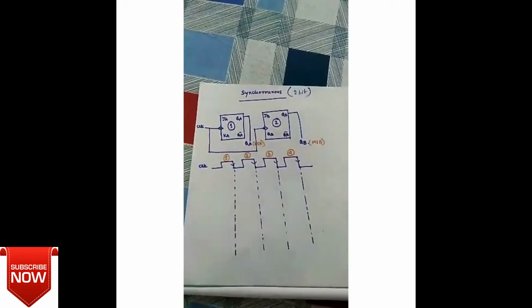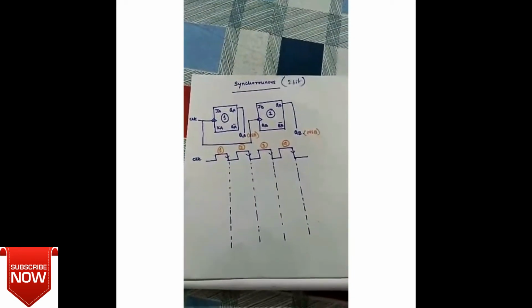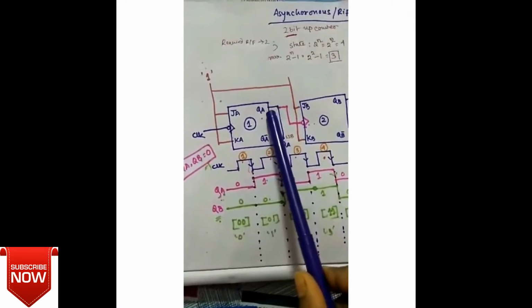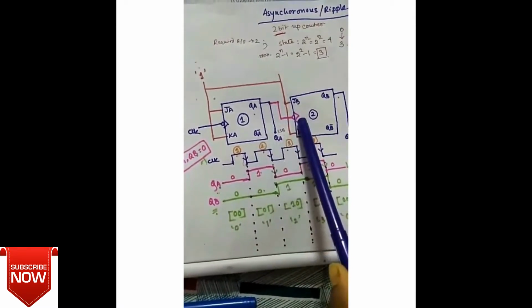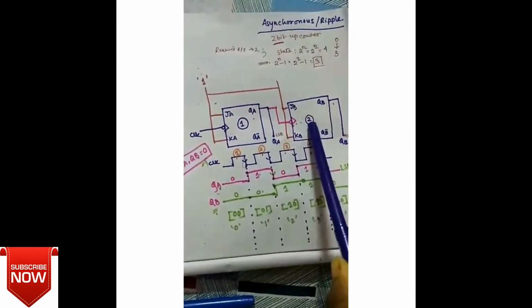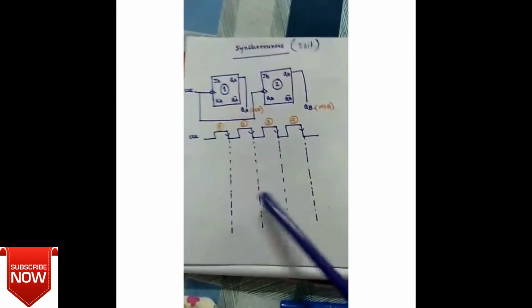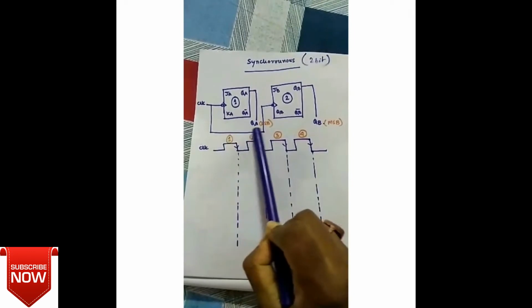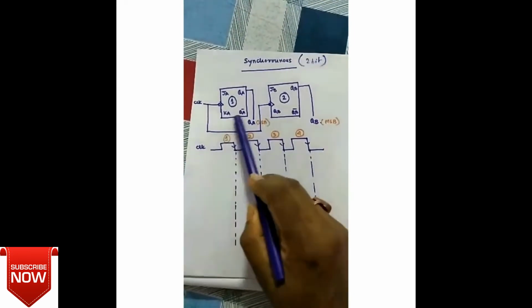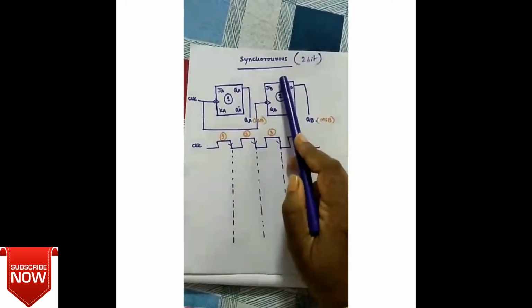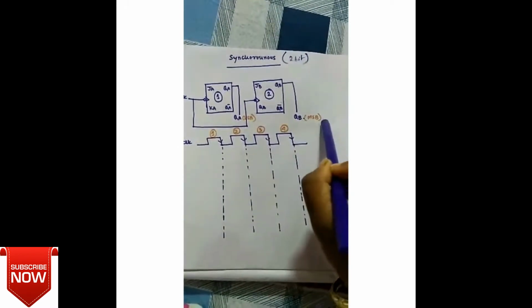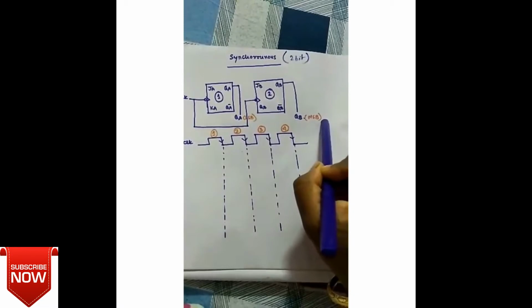In the asynchronous counter diagram, you can see the output is used as the clock of the next flip-flop. But for the synchronous counter, a particular clock is applied simultaneously to all the flip-flops connected in series. If this is 3-bit or 4-bit, then we require another flip-flop in the series connection.